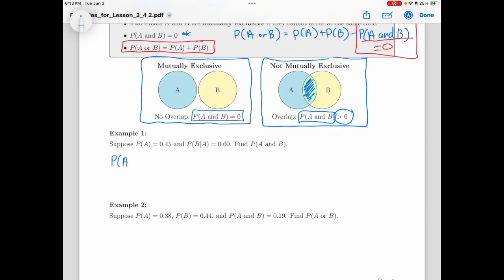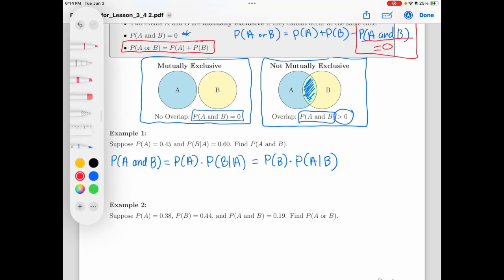Find the probability of A and B. So to find the probability of A and B, using our multiplication rule, we have the probability of A times the probability of B given A, or the other way that we can write it, we can flip-flop the letters, where we could have the probability of B times the probability of A given B has happened.